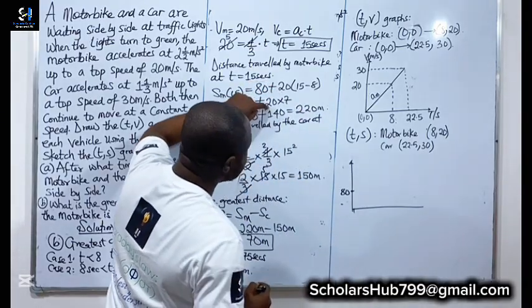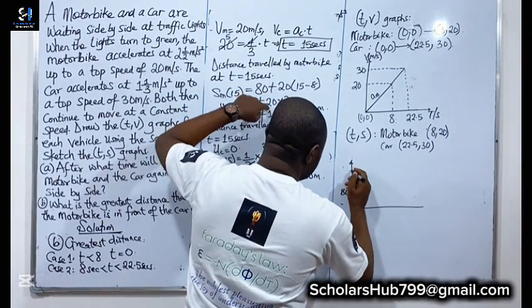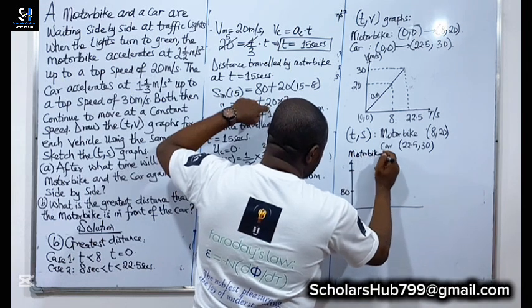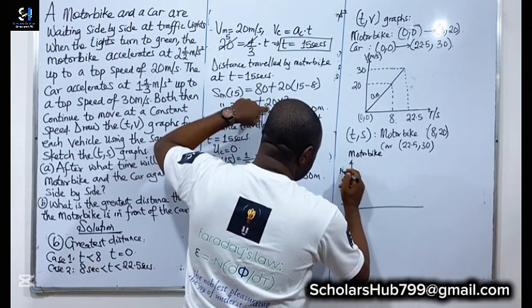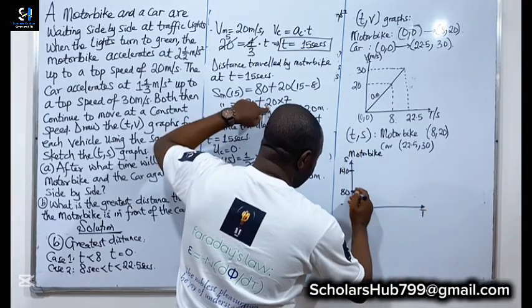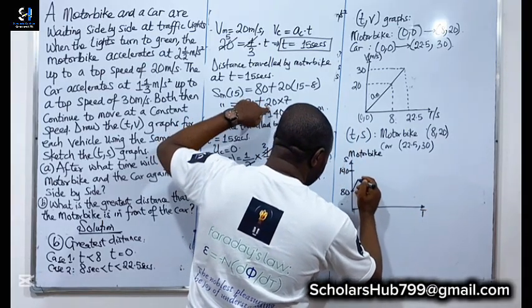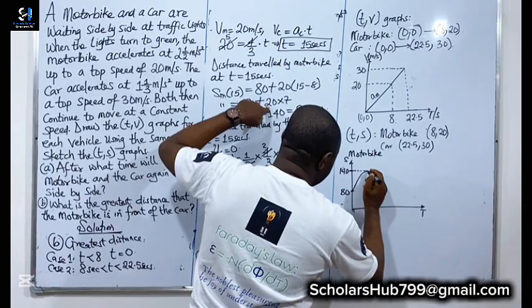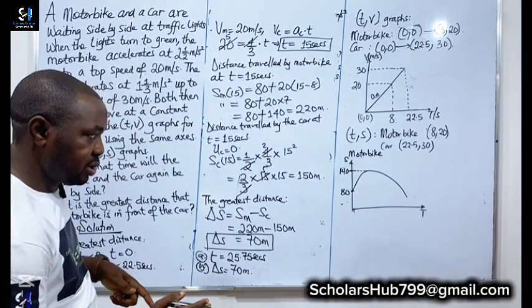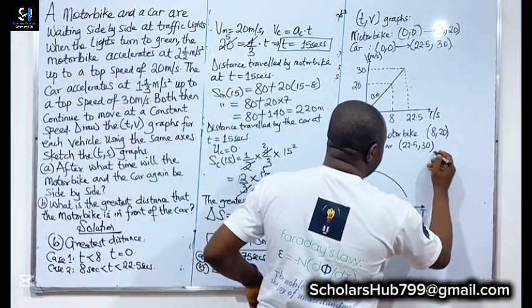If we multiply, this is 140. Let's say this is 140. This is for the motorbike, the ST graph, so it's going to go this way. Yeah, that's the sketch.